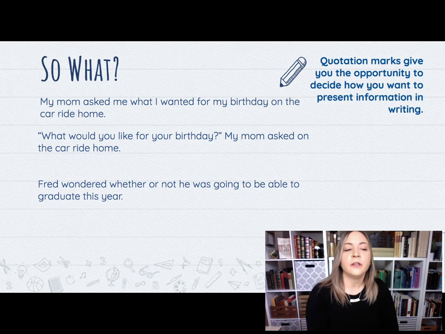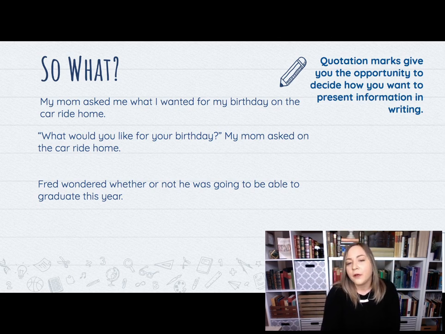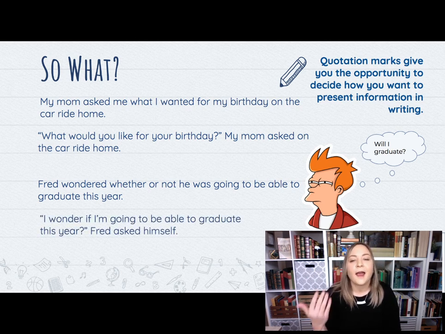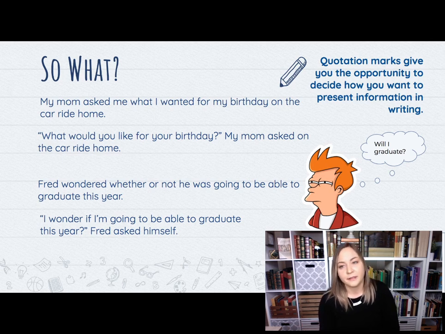All right, let's look at another example. Fred wondered whether or not he was going to be able to graduate this year. In this situation, he's thinking on it, thinking in his head. And then we have another example where he's asking it to himself. Maybe he said it out loud, maybe he asked it in his head, but this is a direct quote, so he at least said it in his head. "I wonder if I'm going to be able to graduate this year," Fred asked himself.